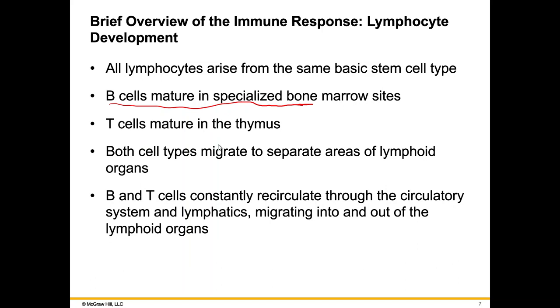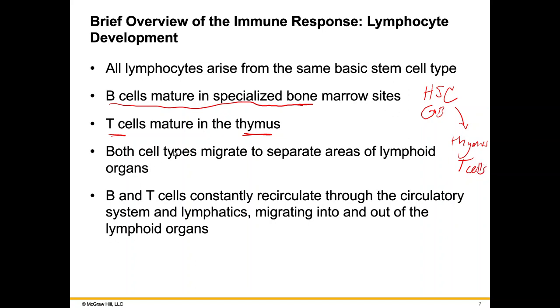But immature cells that travel to the thymus will become T cells. Again, we start off with our hematopoietic stem cells in the bone marrow. Some cells will stay in the bone marrow and become B cells, and others will travel to the thymus to become T cells.